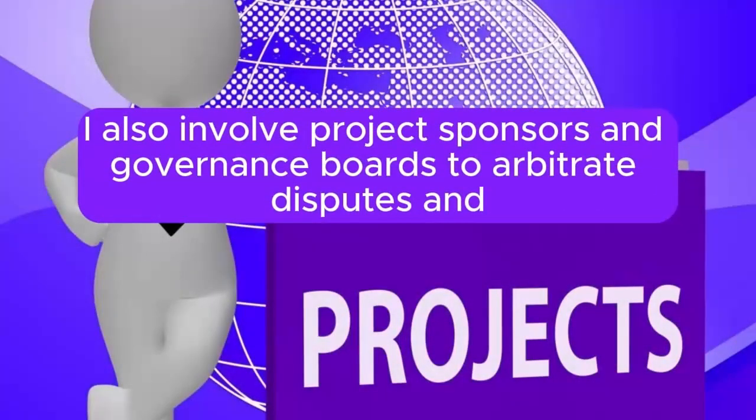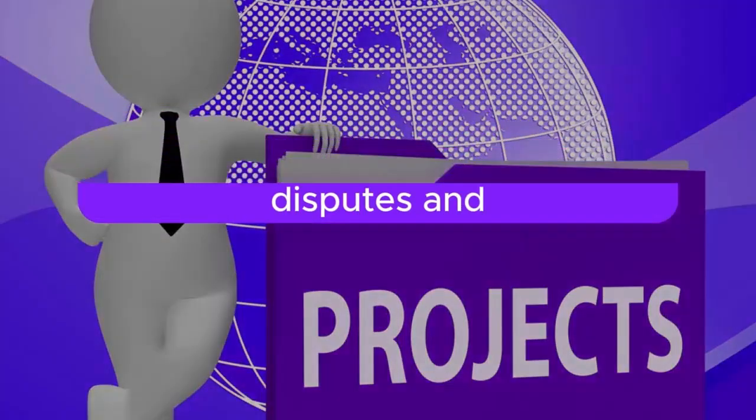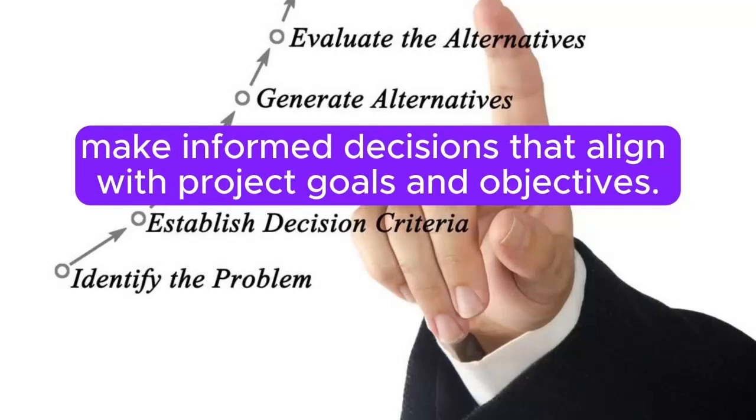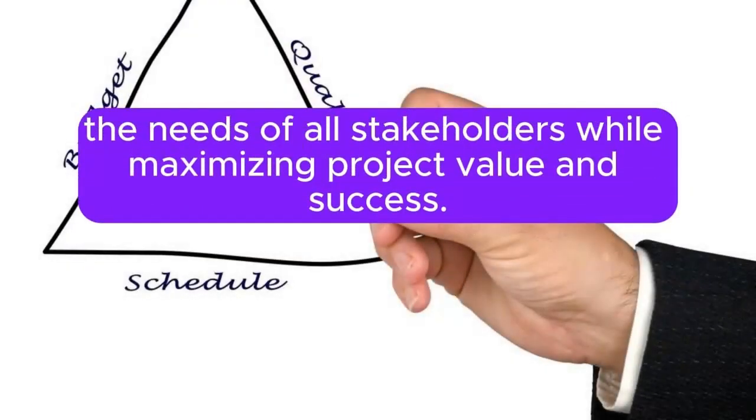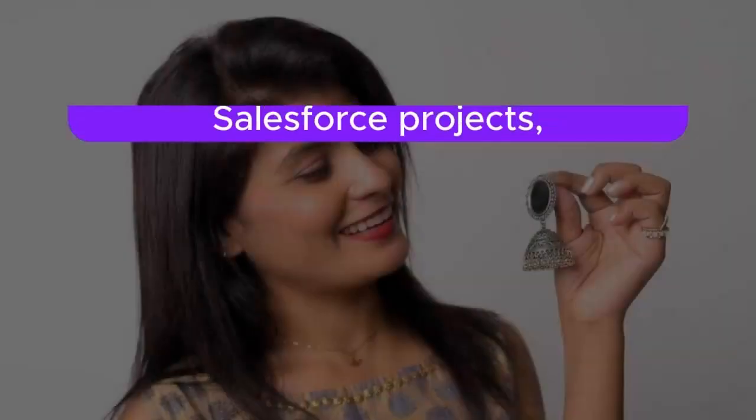I also involve project sponsors and governance boards to arbitrate disputes and make informed decisions that align with project goals and objectives. Ultimately, I focus on achieving a balanced solution that meets the needs of all stakeholders while maximizing project value and success.